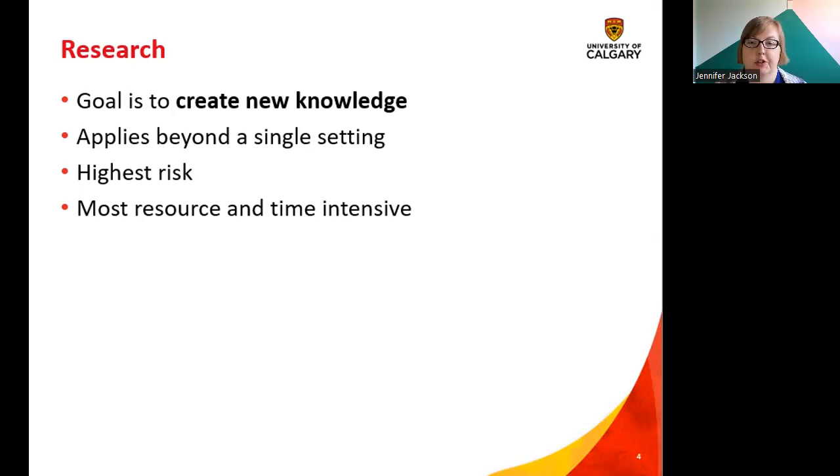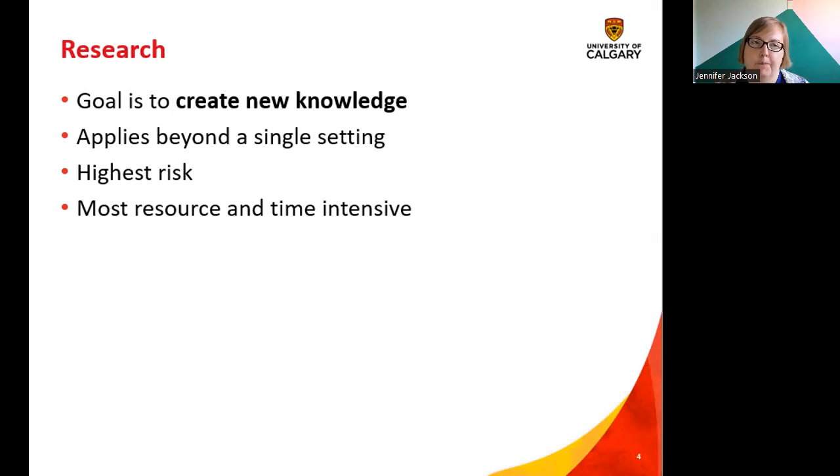So research also applies beyond a single setting. So you could do a research study at a hospital, but say these findings may be useful to facilities across the country. Even if the results are not generalizable, it transcends an individual space.